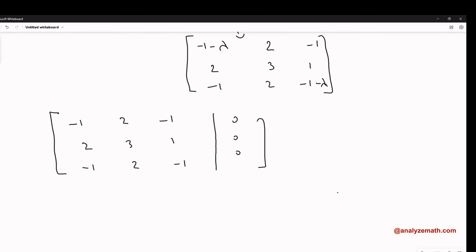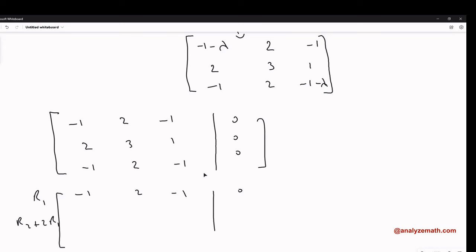Now it goes like we keep R1, the first row, as it is. Now the second row, we're going to replace it by R2 plus 2R1.